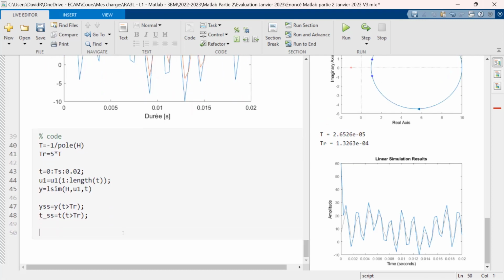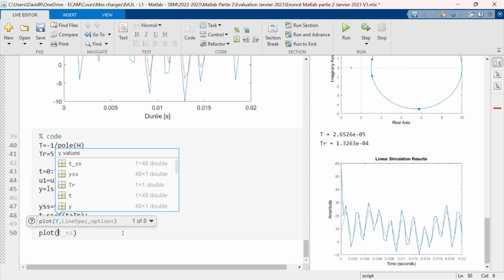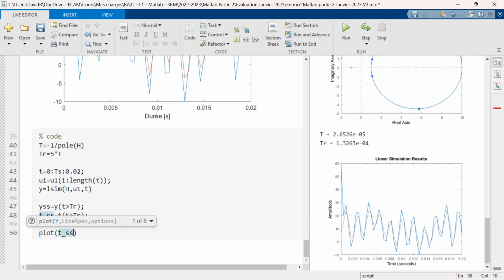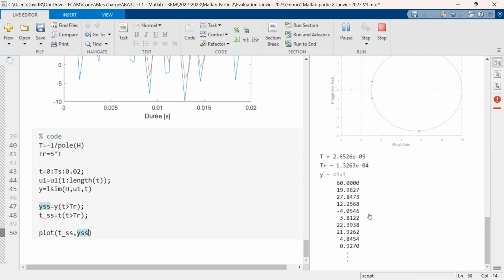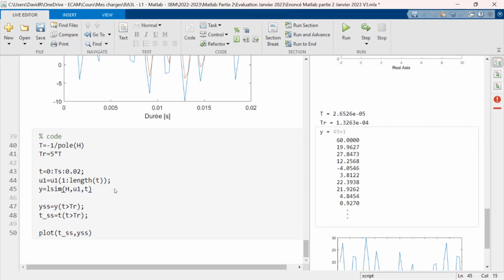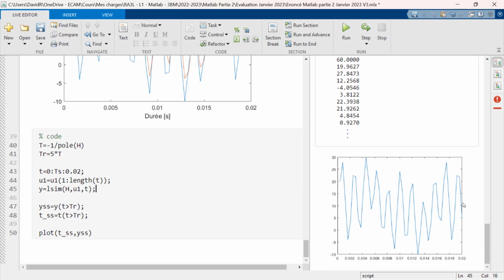Ceci étant fait, je vais maintenant pouvoir venir afficher les données en question pour m'assurer de ce que j'ai là. Donc j'ai mon temps steady state et mon vecteur de sortie en steady state. C'est donc bien la même chose que ce que LSIM m'avait retourné, mais évidemment ici je n'ai que la sortie.